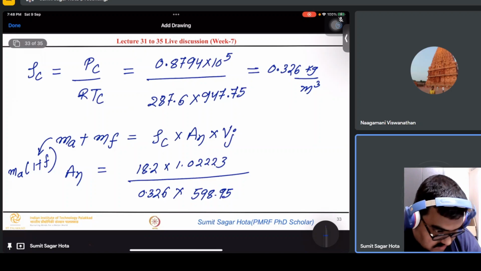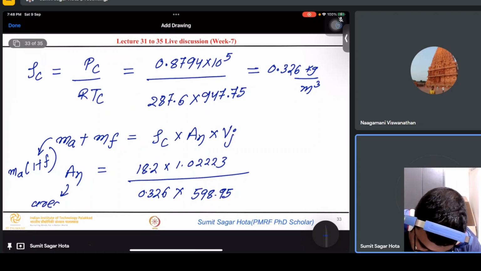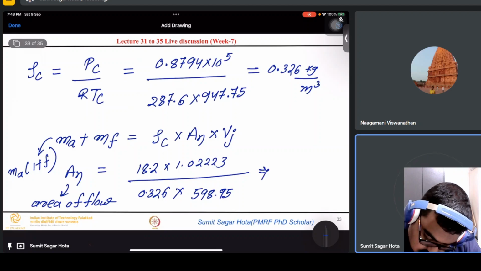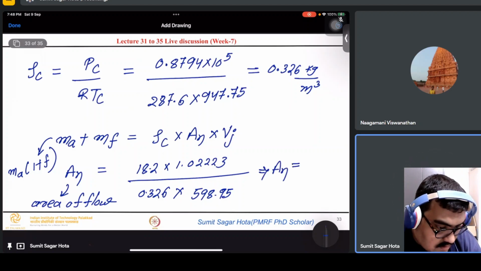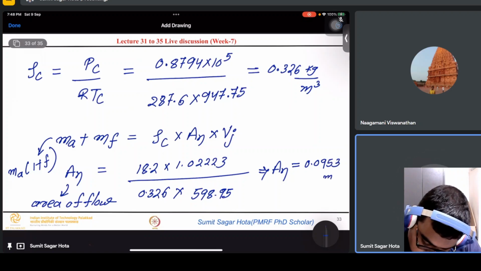Now if you find this, the area of flow AN, you get 0.0953 meter square.